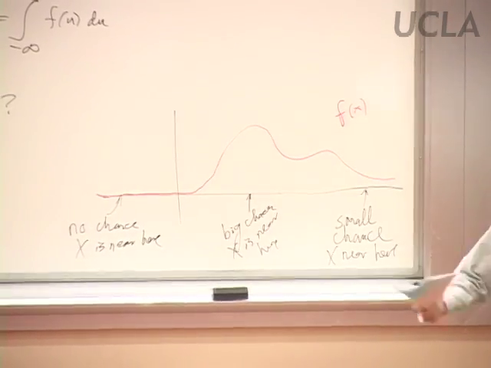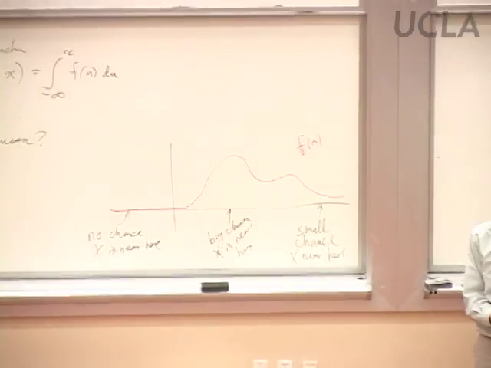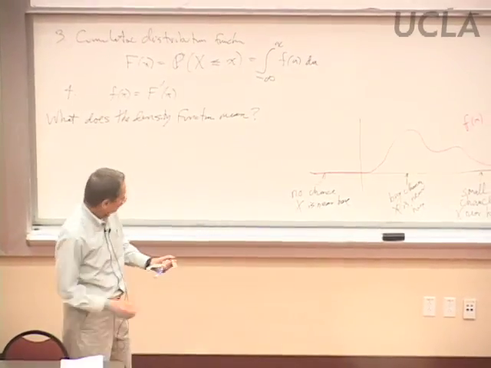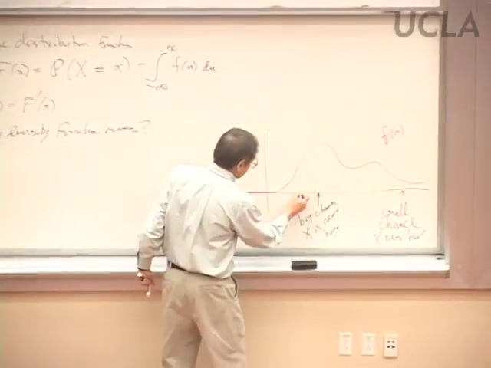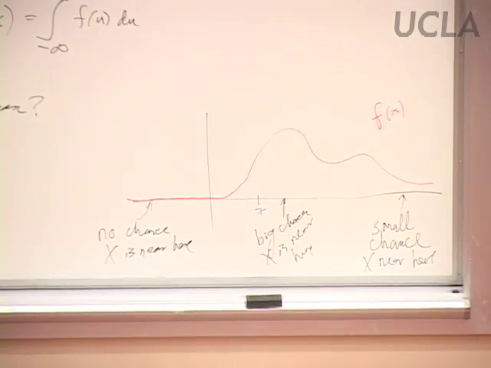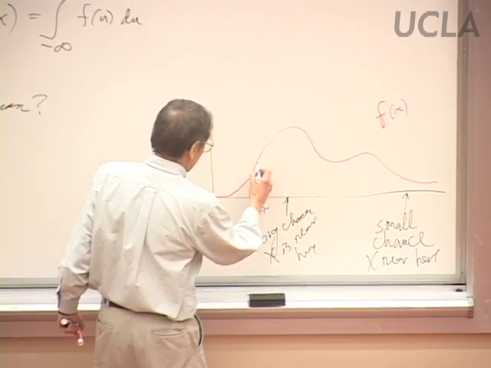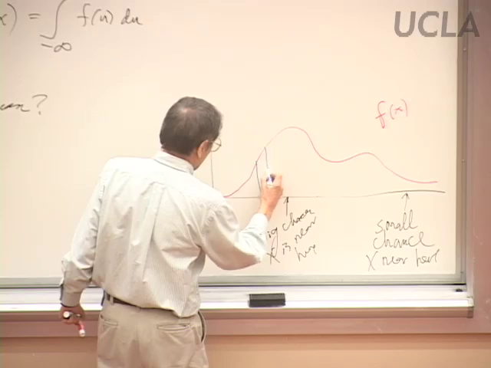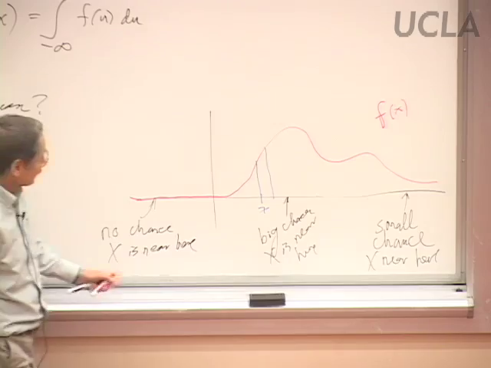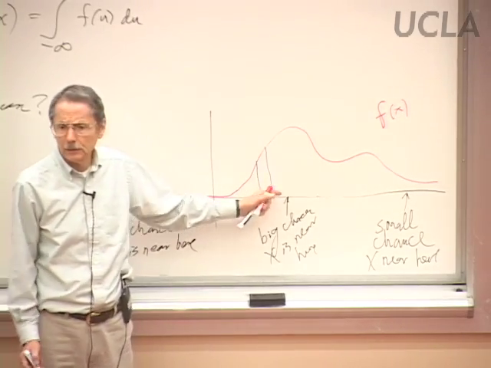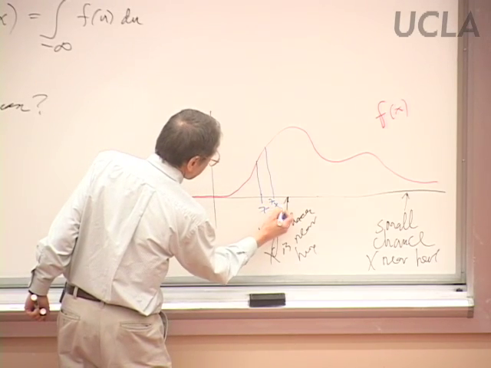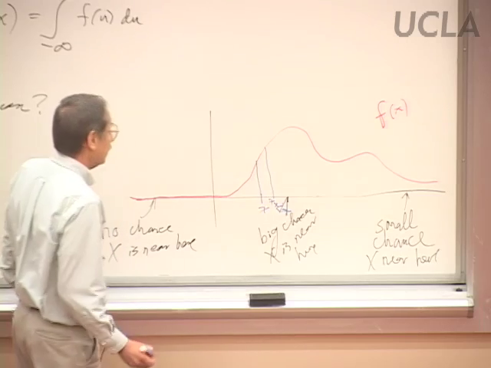Well, that's a little hand-wavy. Let's try to be a little more exact. Suppose we're interested in some point here. What's the chance that we get a measurement near here, where near, say, is between x and a little to the right of that, between x and x plus delta x?